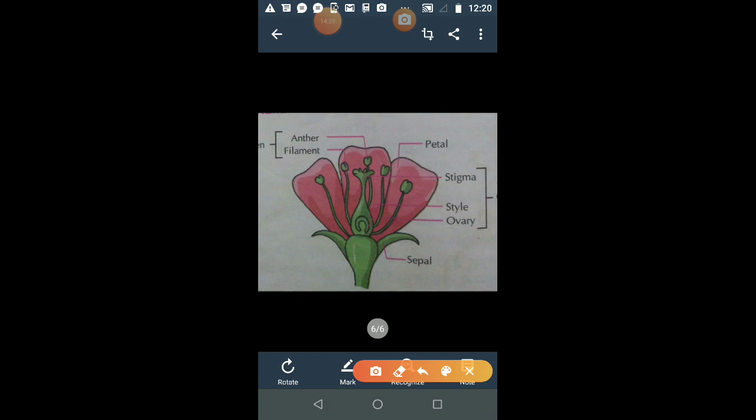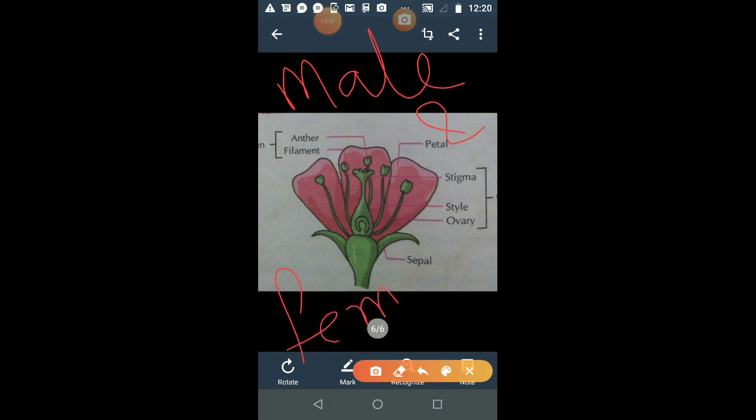Hibiscus flower. Now see student, if you observe this flower, you will find this flower has male and female parts. This flower has a male part also, and this flower has a female part also.